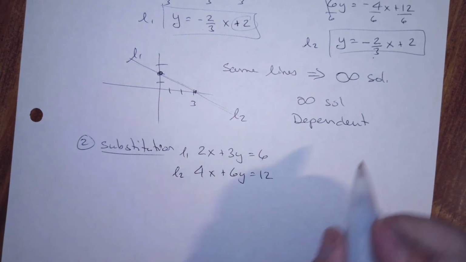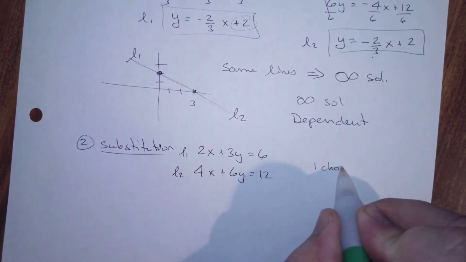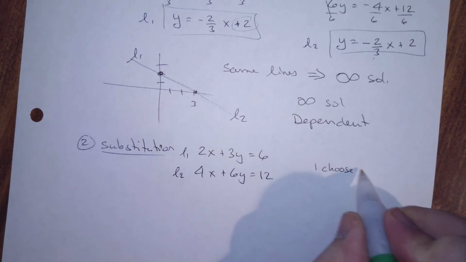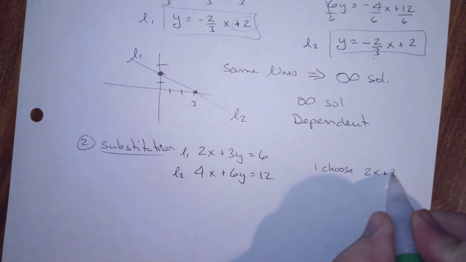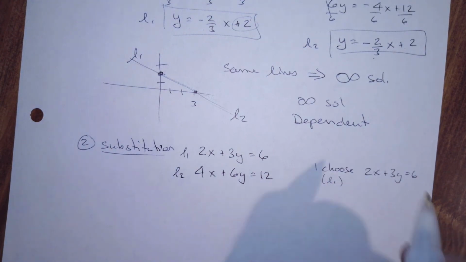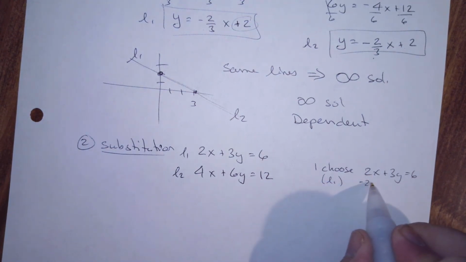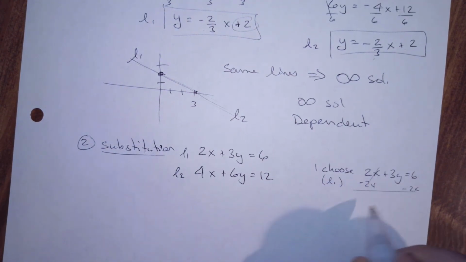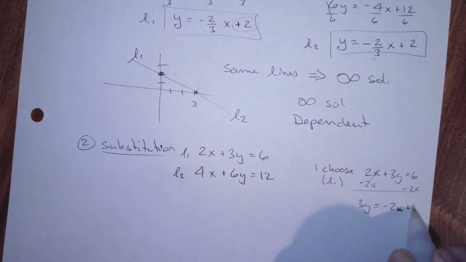Choose the equation first, so I choose the smaller one. That's line 1. Solve for y. Subtract 2x from both sides. Divide by 3 each term. Y equals negative 2/3 x plus 2.